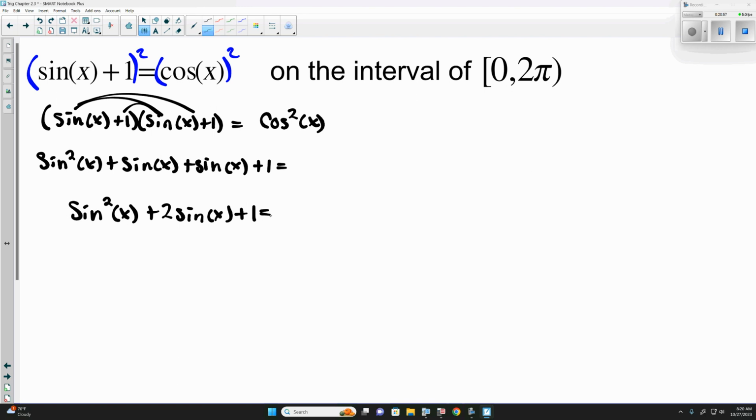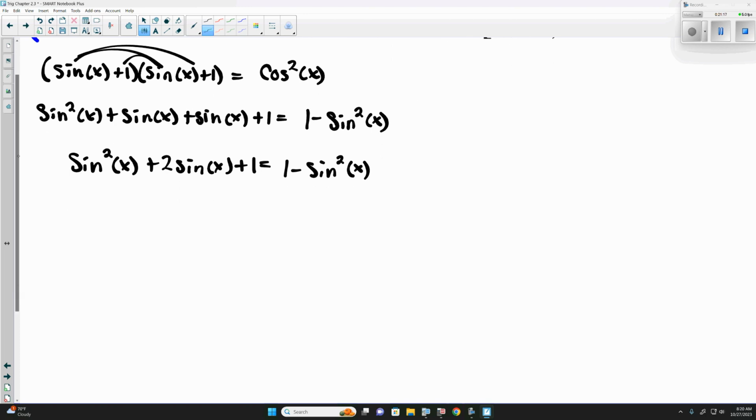Now the right-hand side, cosine squared of x is equal to 1 minus sine squared of x. And again, just like the previous problem, we need to get this equal to 0.